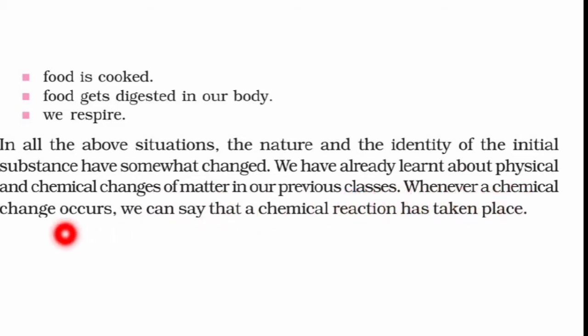Whenever a chemical change occurs, we can say that a chemical reaction has taken place. Like the process of photosynthesis, a chemical reaction is involved in it. Digestion of food in our stomach is also a chemical reaction.